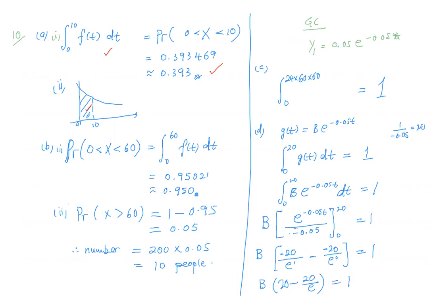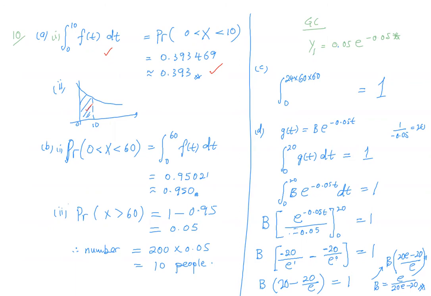If you want to do it further, that will be b times (20e minus 20) divided by e, that is equal to 1. So your b will be equal to e over 20e minus 20. That's it.